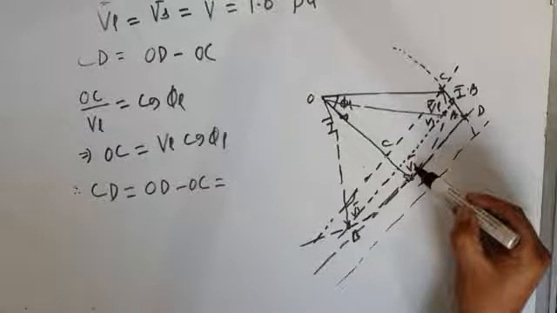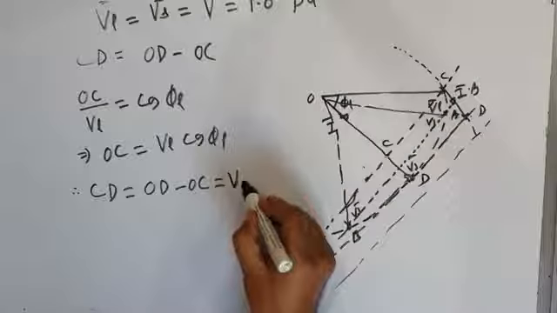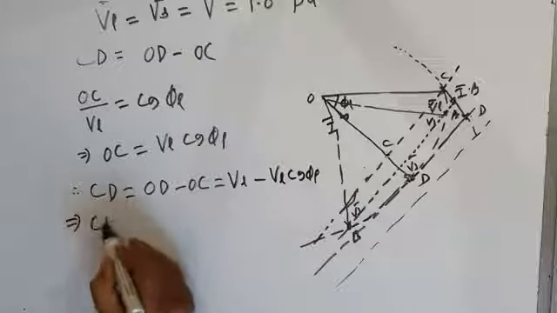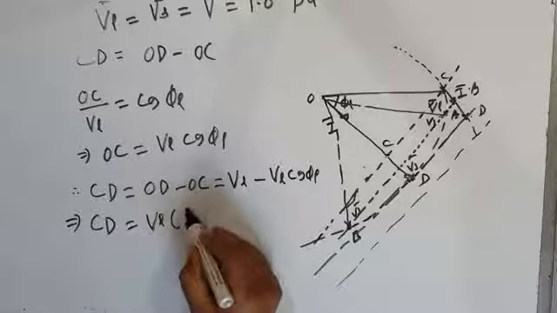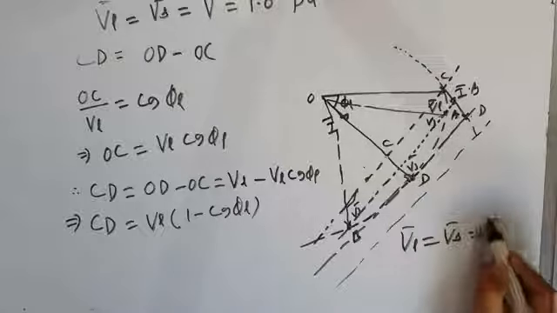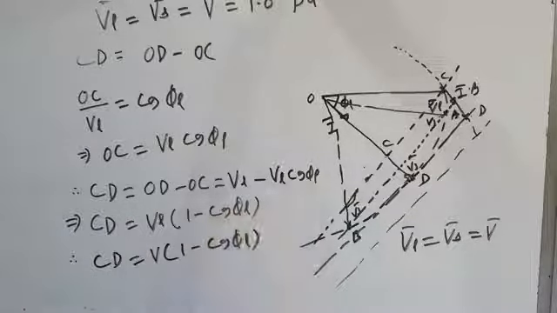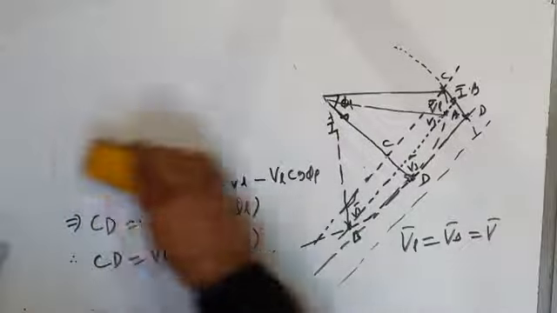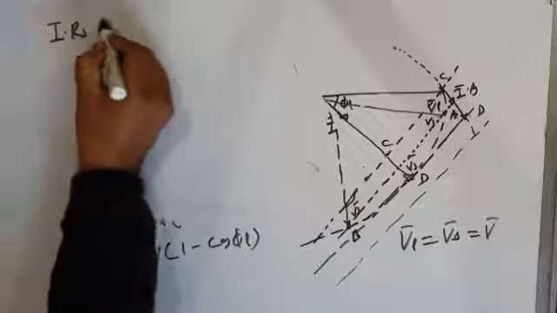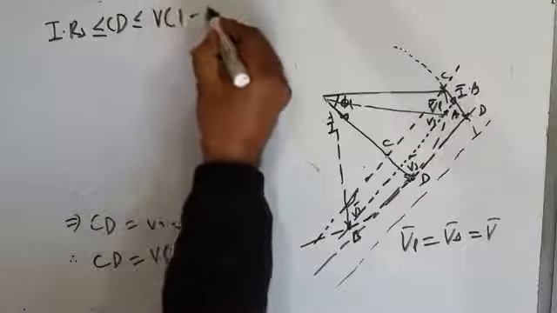OD is equal to VS, or it is equal to V. You can also write VL, because VL is equal to V. VL minus OC, and OC you found above, minus VL cos phi L. So that will give me CD equal to VL, and if I take it out, I will get 1 minus cos phi L, since VL is equal to VS equal to V. So therefore CD is equal to V into 1 minus cos phi L. From here I can derive a condition, and that condition is that I into RS should be less than or equal to CD, which should be less than or equal to V into 1 minus cos phi L.